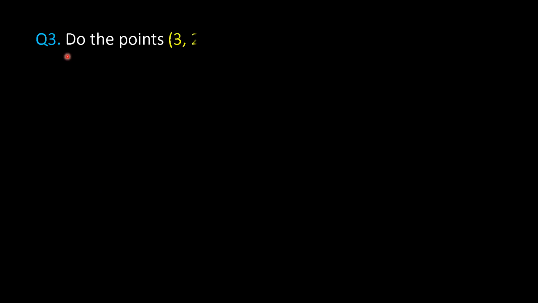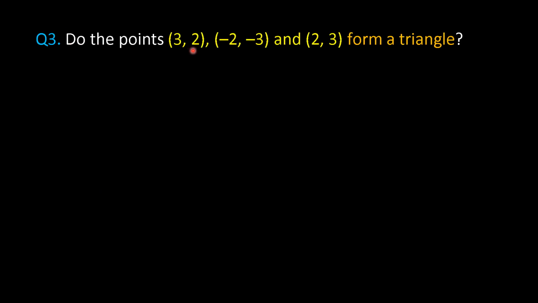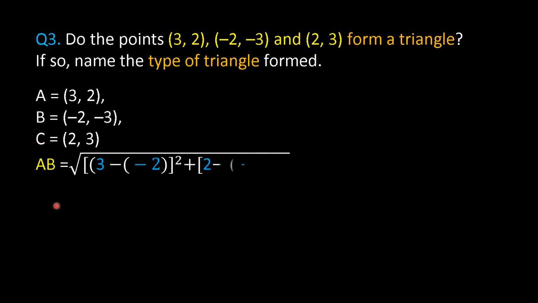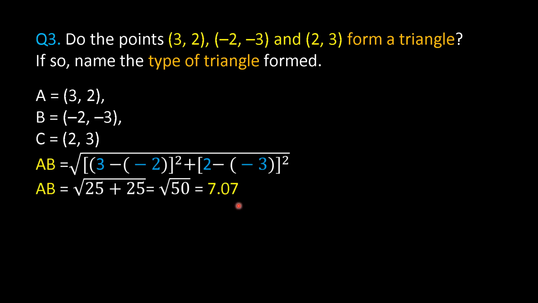In question number 3, we have to answer, do the points (3, 2), (minus 2, minus 3) and (2, 3) form a triangle? And if so, we have to name the type of triangle which is formed. First of all, we will name these 3 points. A equals (3, 2), B equals (minus 2, minus 3), C equals (2, 3). By using distance formula, we will find distance AB, distance BC and distance CA. So first, we find AB, which works out to be 7.07.